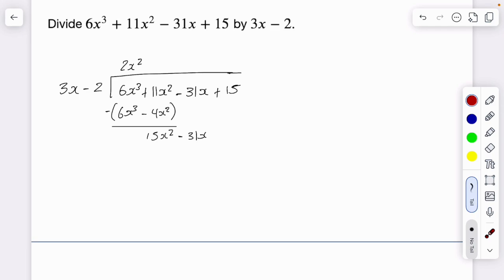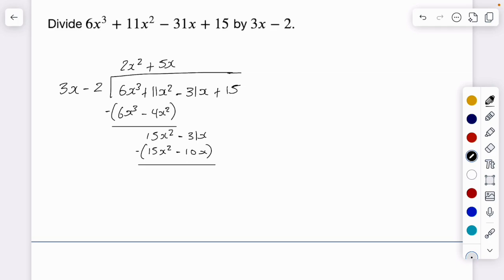Now, how many times does 3x go into 15x squared? Well, that goes in 5x times. So now we repeat. 5x times 3x is 15x squared, 5x times minus 2 is minus 10x.